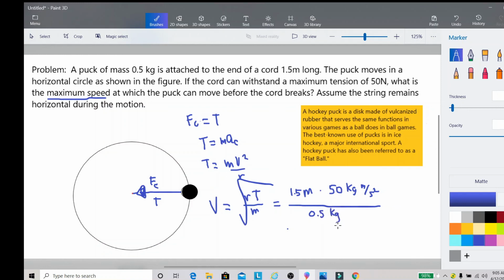And then we have to extract the square root. So kilogram will be cancelled out. We will be having meter squared per second squared, and if we extract the square root, the answer will be in meters per second.